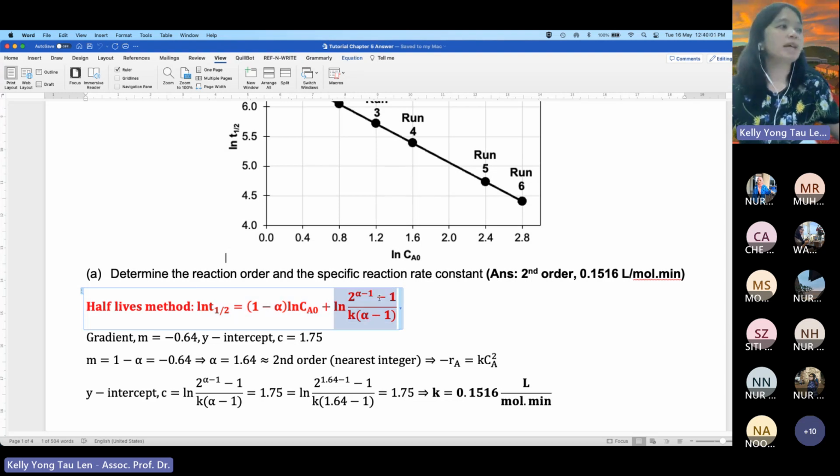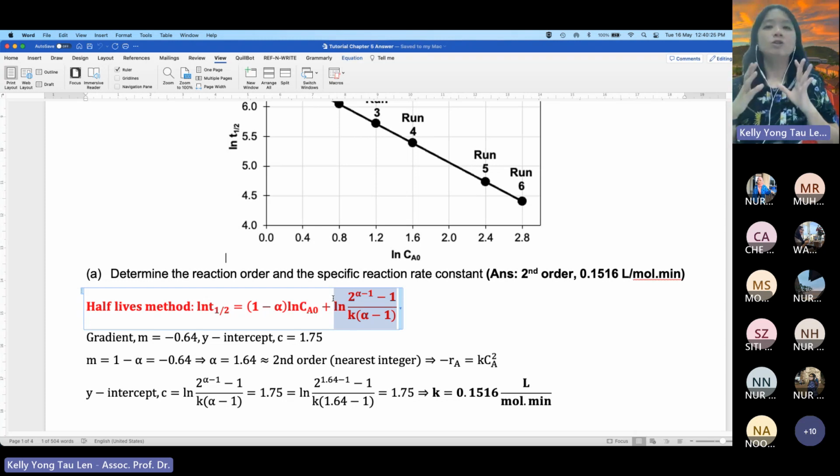So the back part that I'm highlighting right now is essentially your c, or your y-intercept, because then only we can express the equation as y equals mx plus c. So that's the challenge. You have to understand the correlation between the plot you have and the equation you also have.